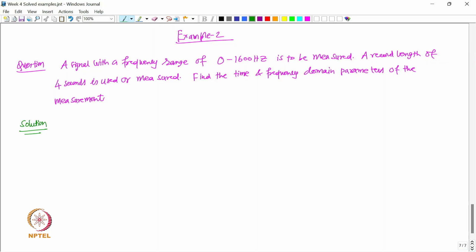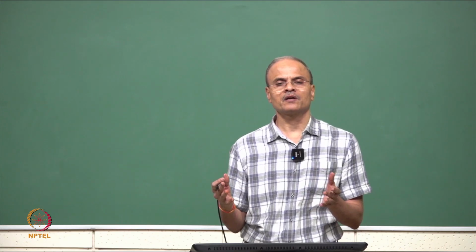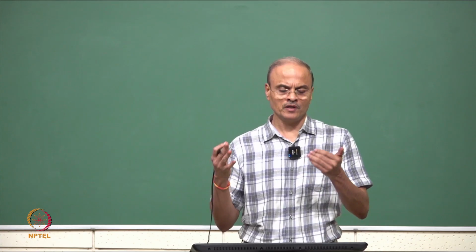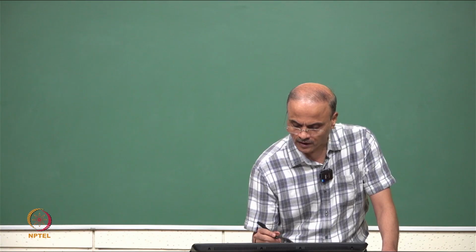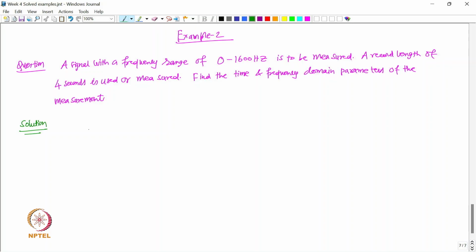So, let me tell you some little background we have studied in the lecture. As we studied in the lecture, there are measurement parameters related with the time and frequency domain, right. So, if you look at the time domain, then the time domain signal will have a discrete signal like this, correct.